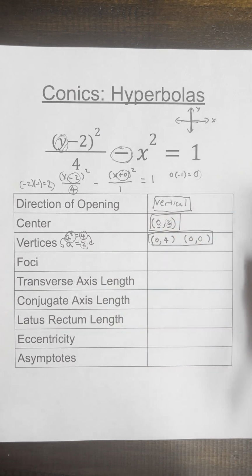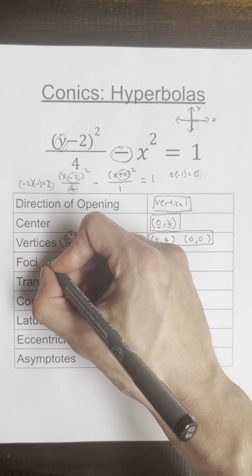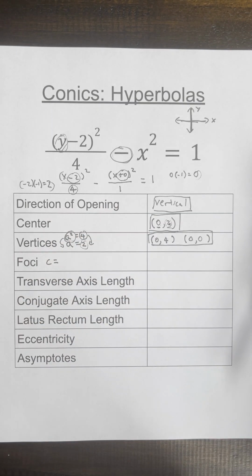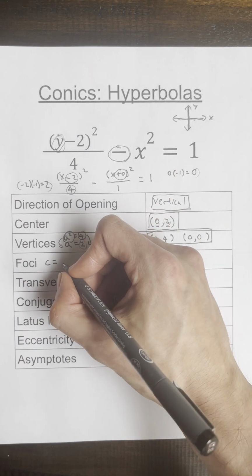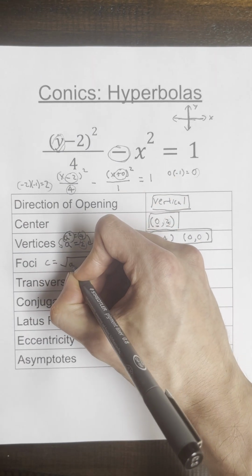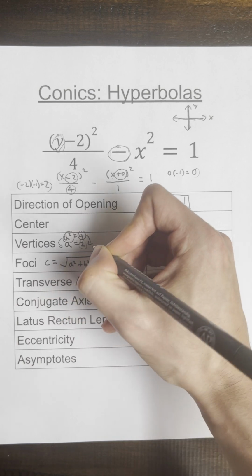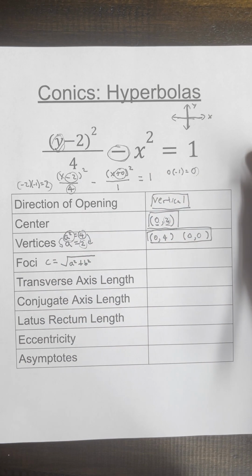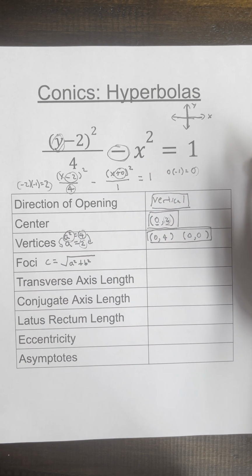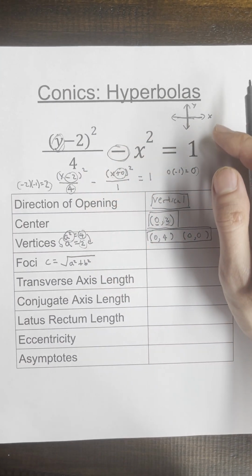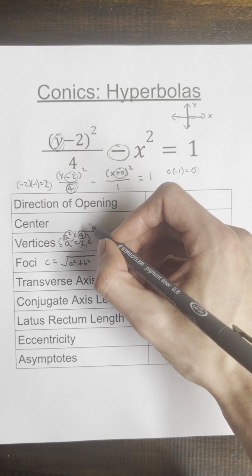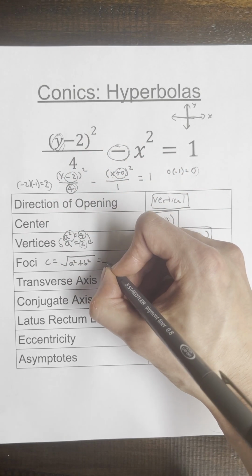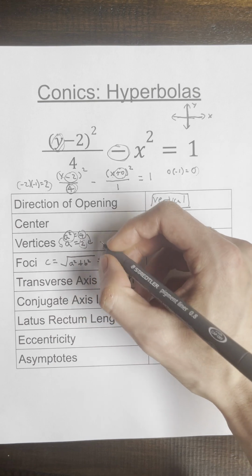How do we find the foci again? What was the formula for C? The formula for C was the square root of a squared plus b squared. And what number was a squared again? So this number is a squared. Yeah, a squared is 4. So let's change a squared to 4.